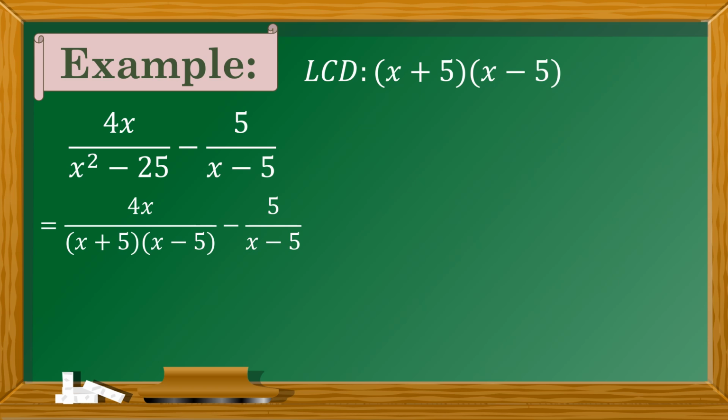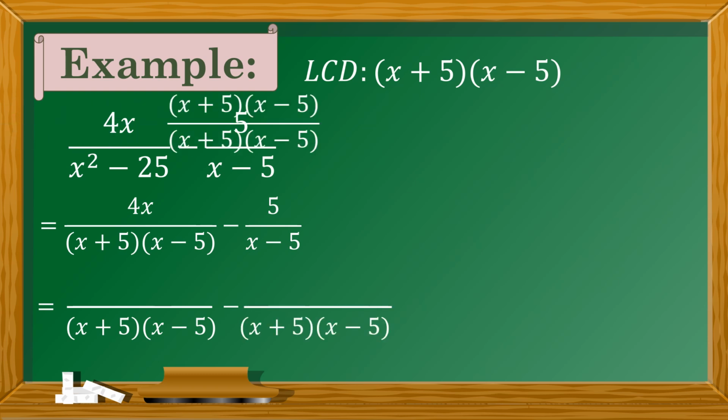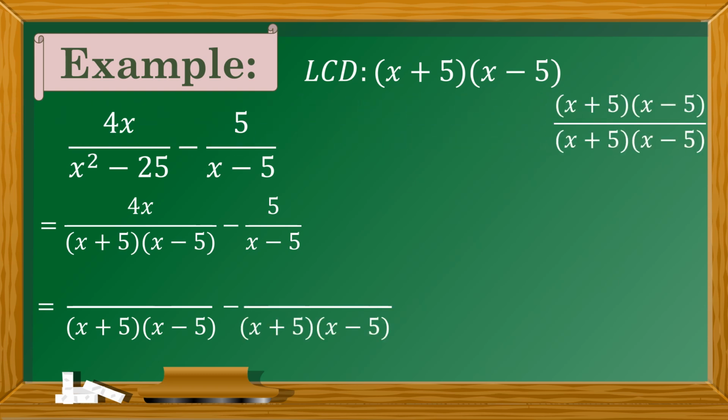Let us now write the equivalent expressions of each rational expression, with the denominator being the LCD, the quantity x plus 5 times the quantity x minus 5. Again, let's divide the LCD by the denominator of the first expression, then multiply it by the numerator to get the numerator of the first expression.